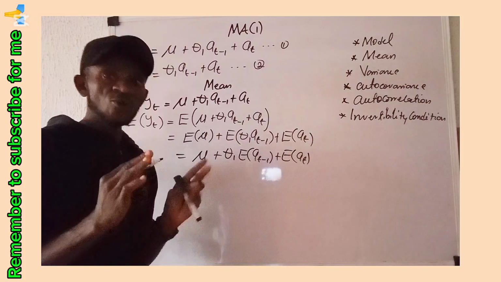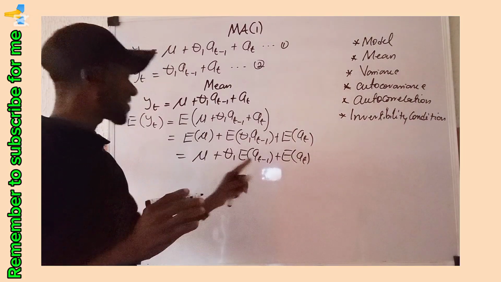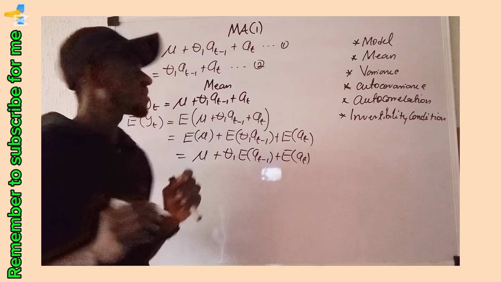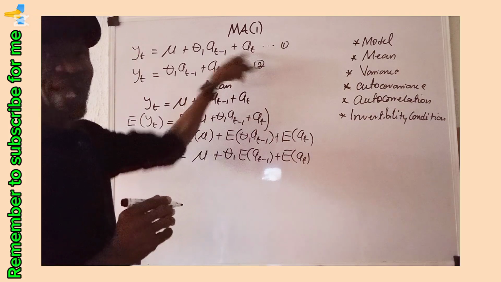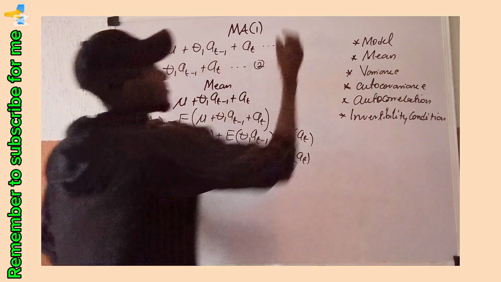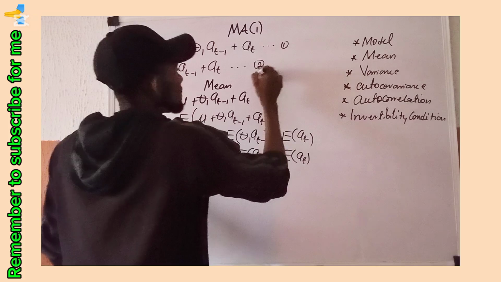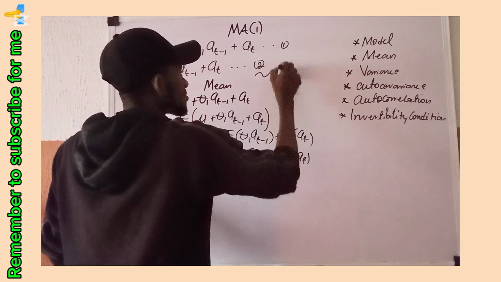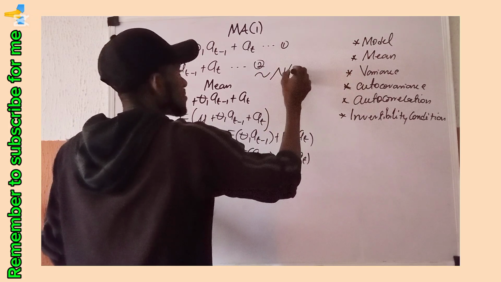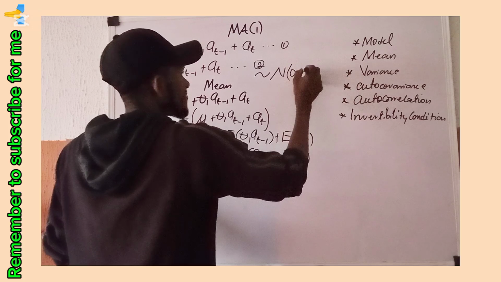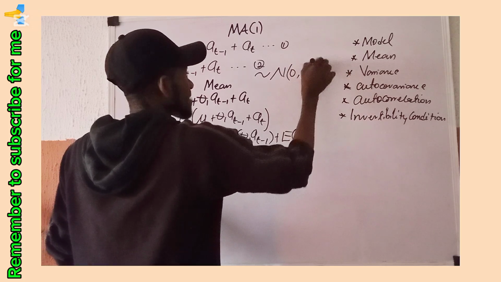And we are going to note something about this a of t, which we have here: this a of t follows a normal distribution with mean 0 and constant variance sigma squared of a.